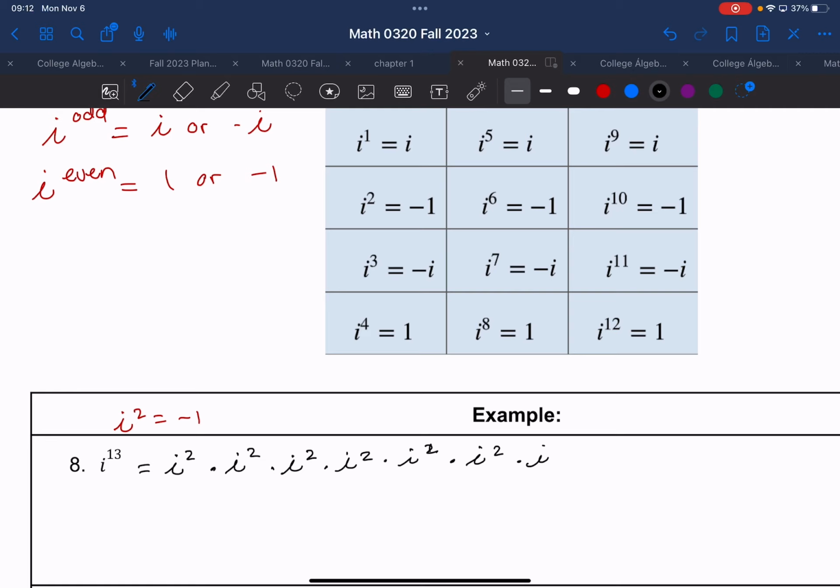We know that i squared is negative 1. So we have negative 1 times negative 1. So we're turning all these i squareds into negative 1. Then we're going to count the i squared. So we have 1, 2, 3, 4, 5, 6. So we have 6 negative 1s being multiplied together.